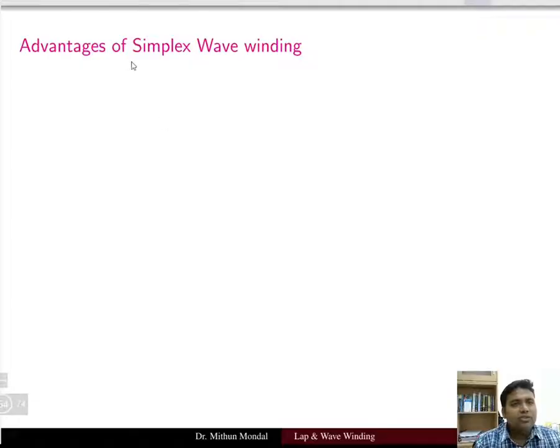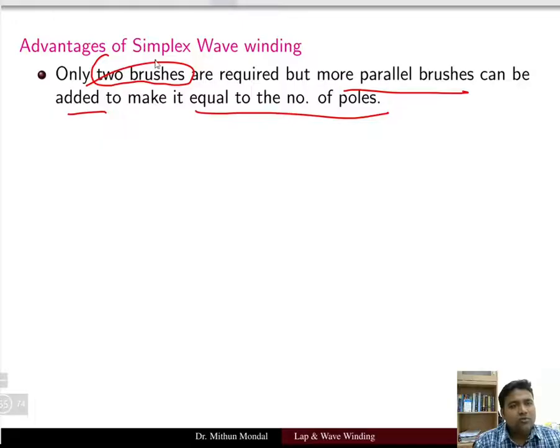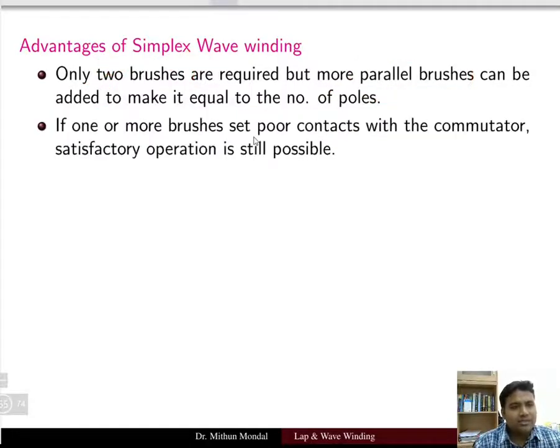So what is the advantage of wave winding in the simplex nature? Only two brushes are required, but more parallel brushes can be added to make it equal to the number of poles. You can add more parallel brushes. If one or more brushes make poor contact with the commutator, satisfactory operation is still possible.